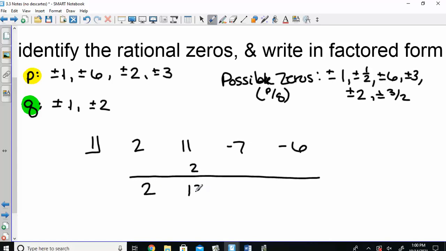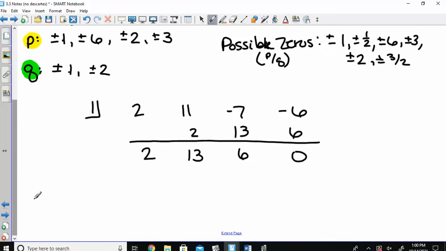So 2 times 2. What do I want from here? What do we need to do?